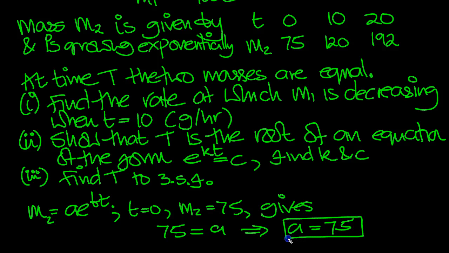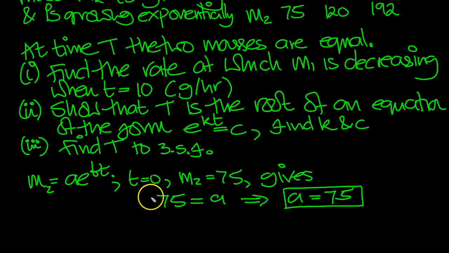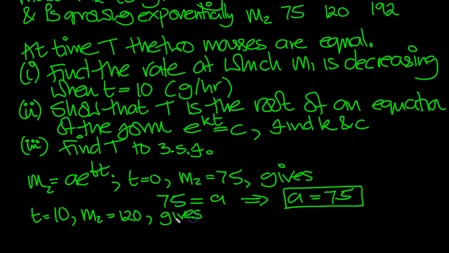Now let's have a look at the other value here. t equals 10, m2 equals 120 gives: m2 is 120, equal to a, which we know to be 75, e to the b times t, which is 10.